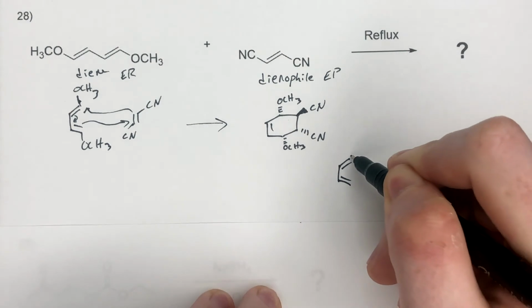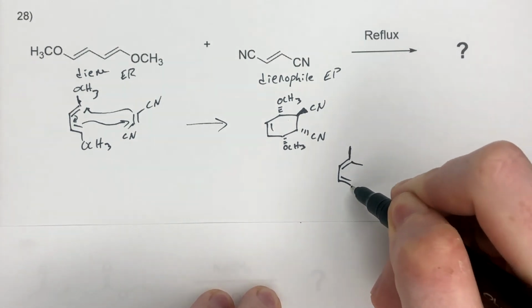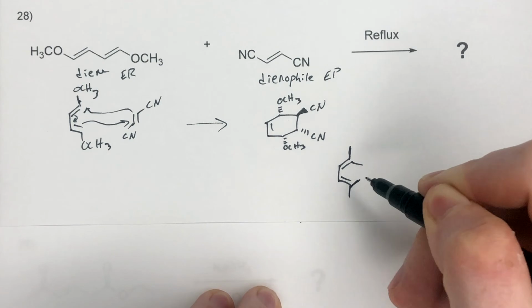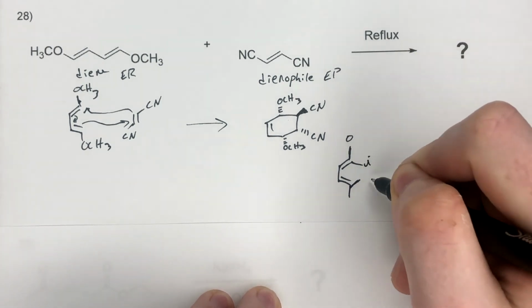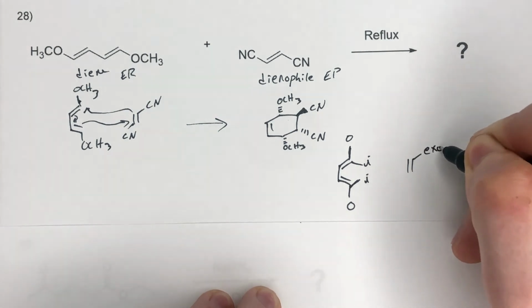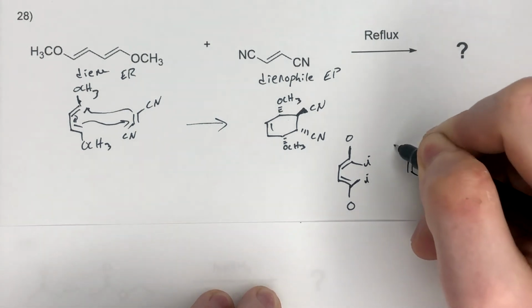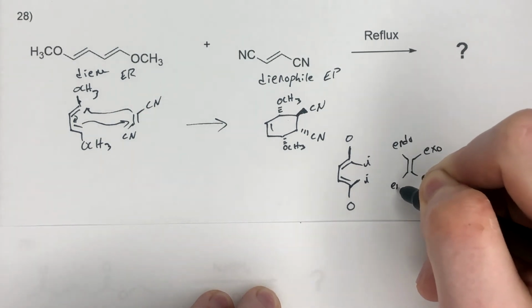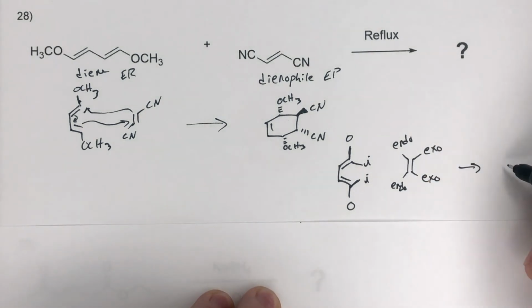From doing these very often: outside, inside, inside, outside, and then exo and endo. This refers to the approach. So now if you draw this in your final product, outside are always dashed, inside are wedged, outside are dashed, inside are wedged.